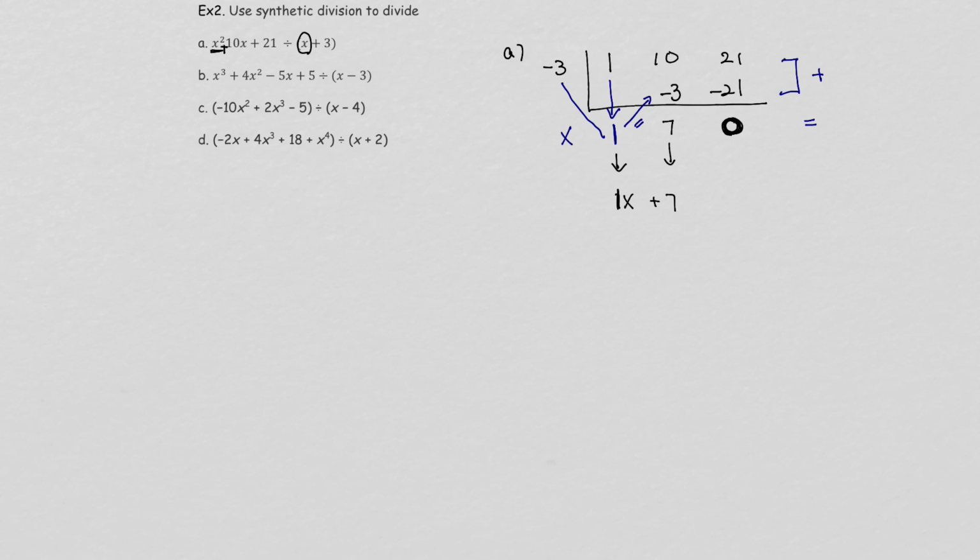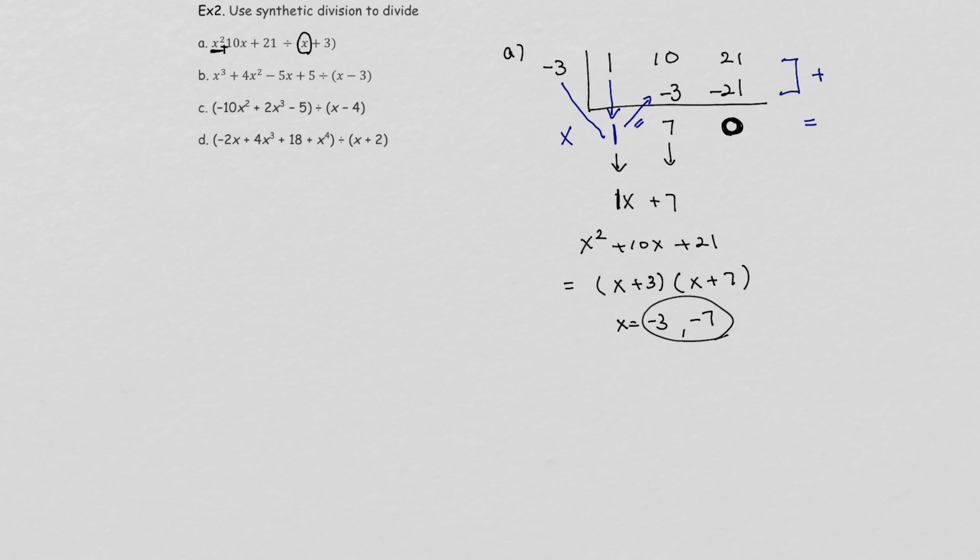So in other words, if you have x squared plus 10x plus 21, when you factor it, you will get x plus 3 and x plus 7, which ends up with x equals negative 3 and x equals negative 7.